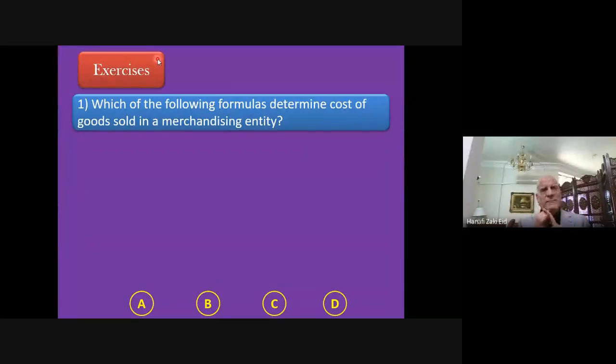Quiz number 1 is about learning objectives 1 and 2. Quiz number 2 is concerned with learning objectives 3 and 4. Quiz number 3 is concerned with questions of learning objectives 5 and 6.